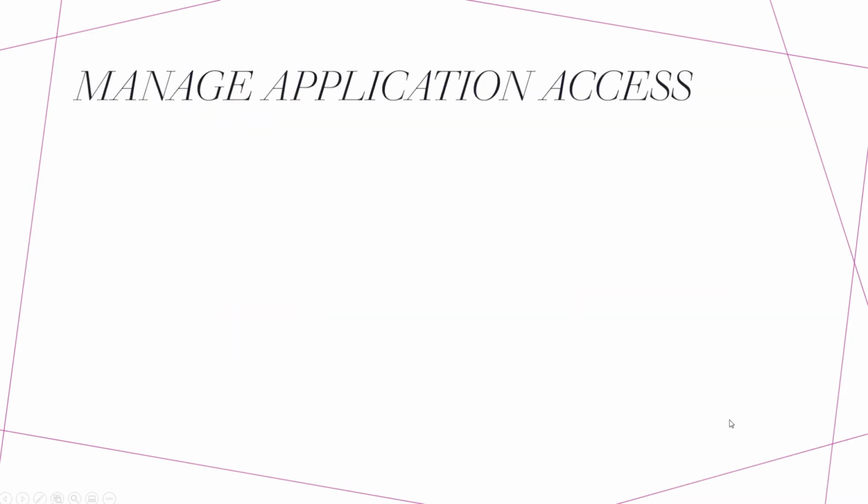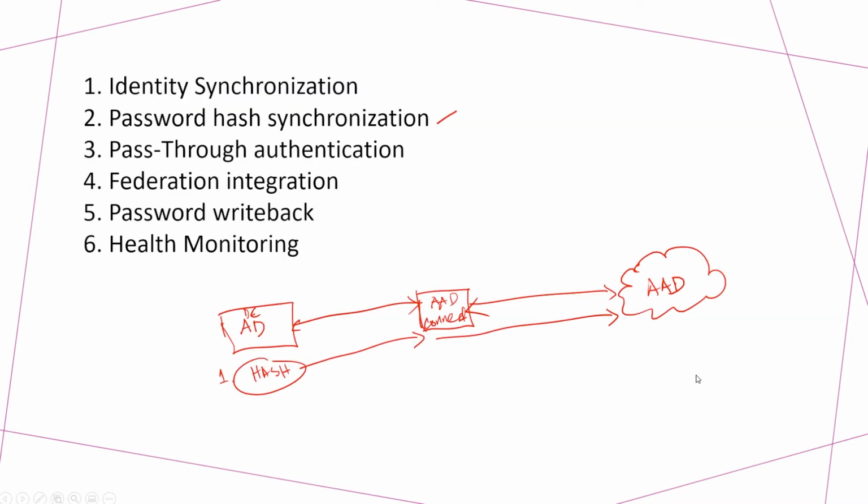And once the Azure AD gets that hash, it decrypts it. So encrypted, and then decrypt. Azure AD will decrypt that data and will store it on the user information that it has.